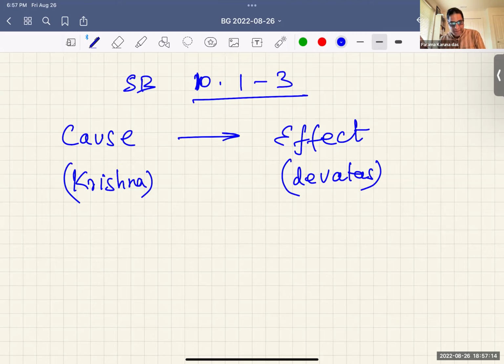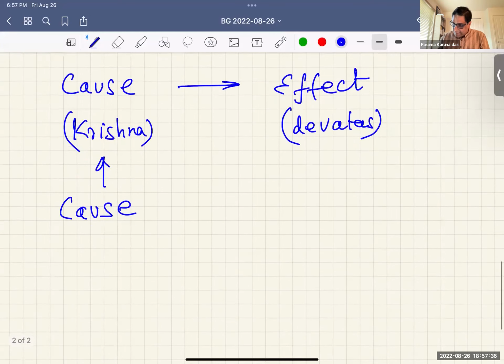By looking at the effects, you can only have an idea about the cause. You cannot know the real cause. To know the real cause, you have to go to the cause of the cause, which they call the root cause. I want to root cause the problem. They say that, right? What is the root cause of any problem?